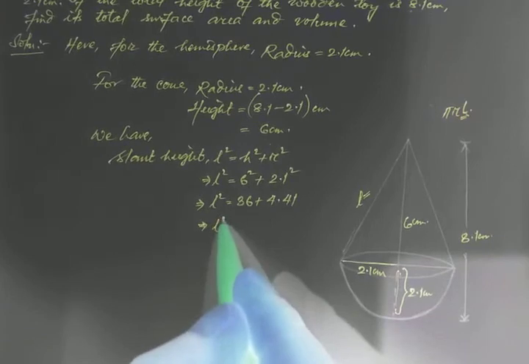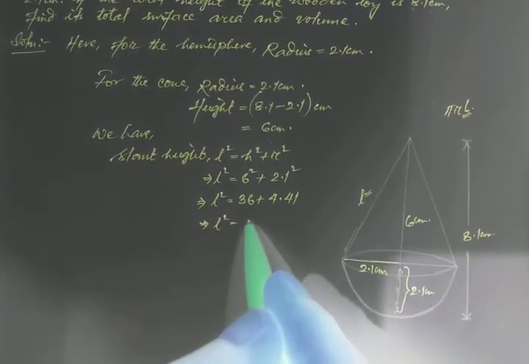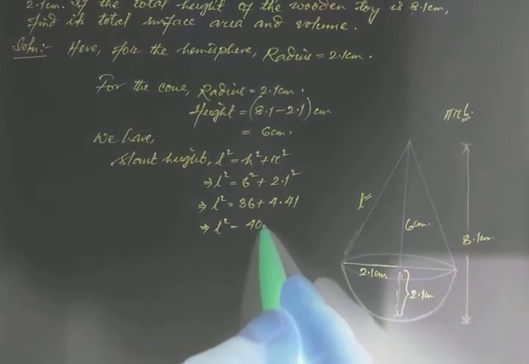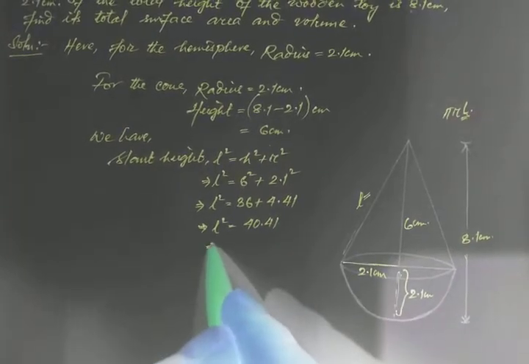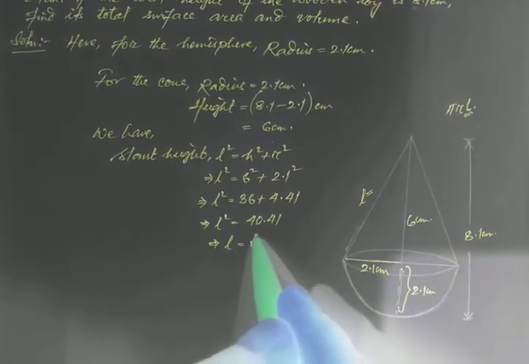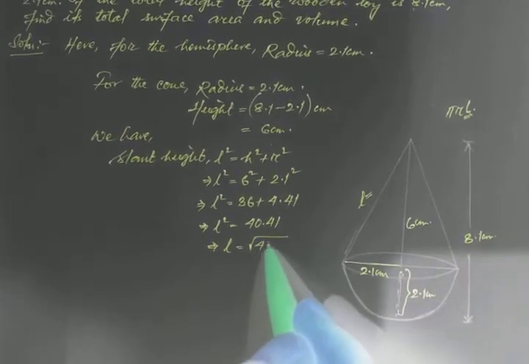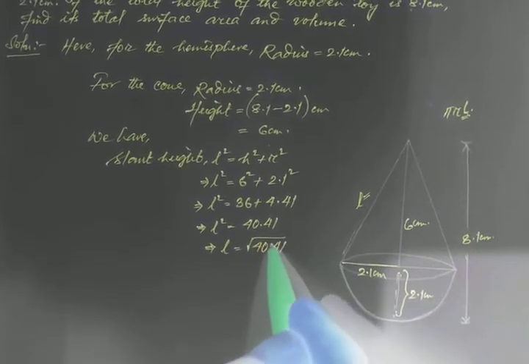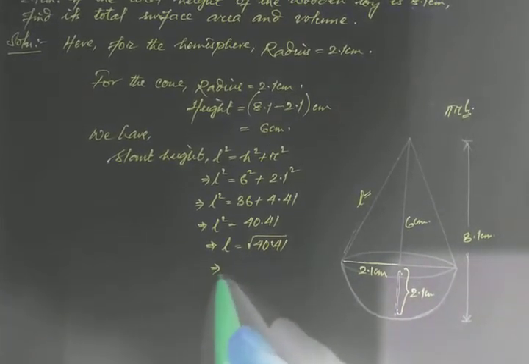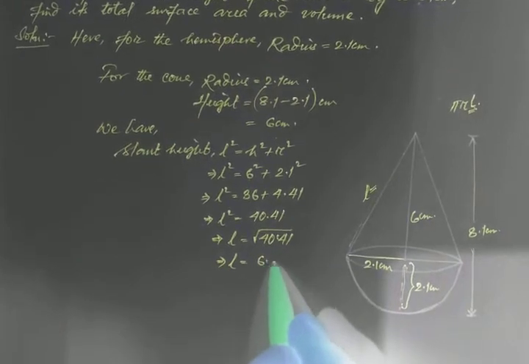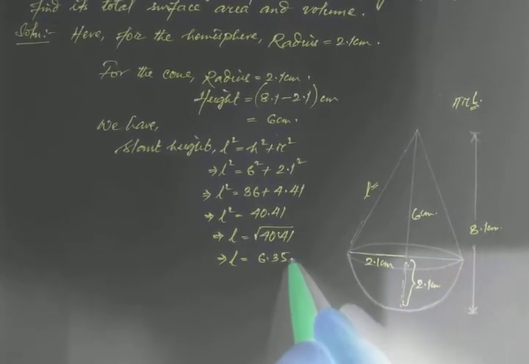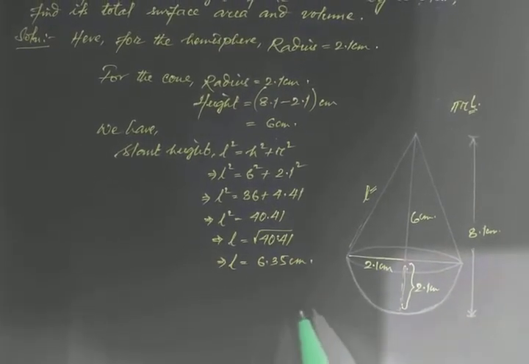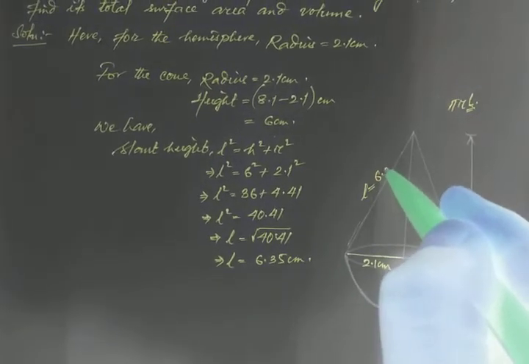So L square equal to 36 plus 4.41 will be 40.41. It means L will be equal to root over 40.41. Now finding the square root of this, it is 6.35. We'll be taking only up to 2 places of decimal. So the slant height is 6.35.